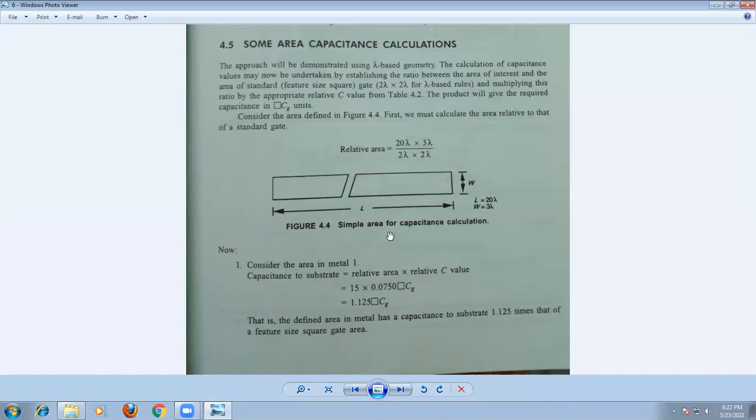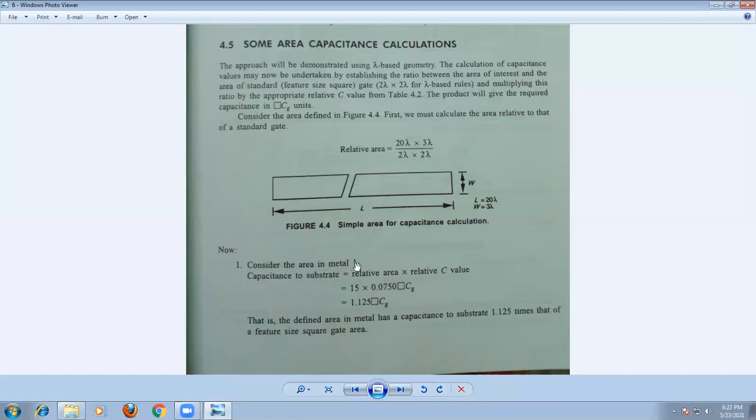Next, you can assume that this is the polysilicon. First we assumed this is the metal one and calculated the value. Now assume this area is polysilicon. Once again the relative area has no change, so keep it as it is. Consider the area is polysilicon.